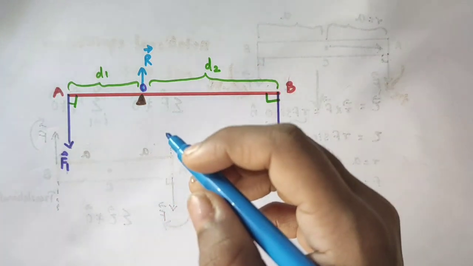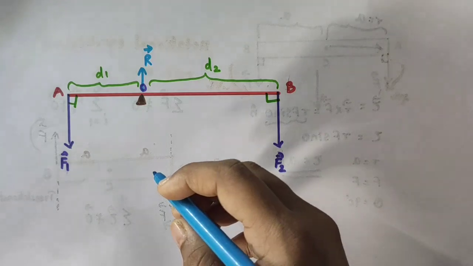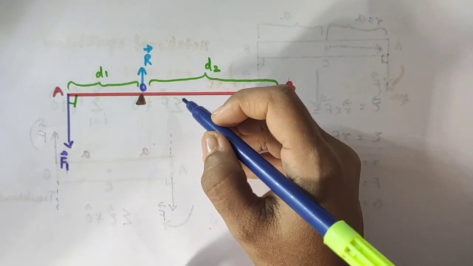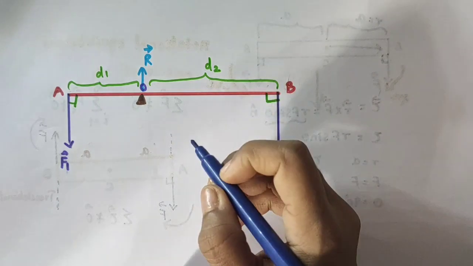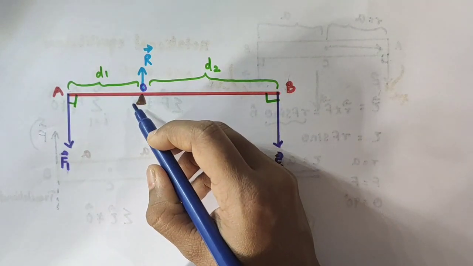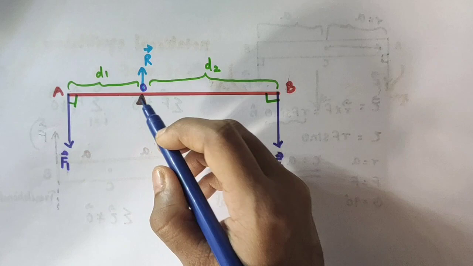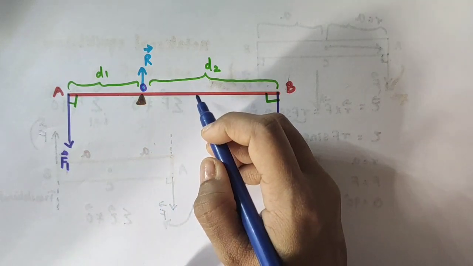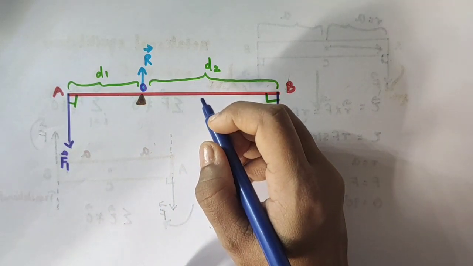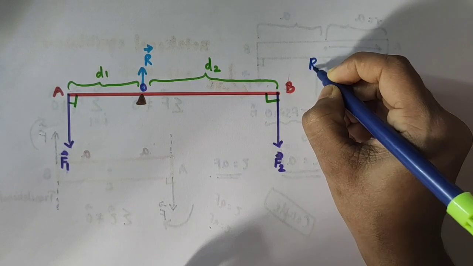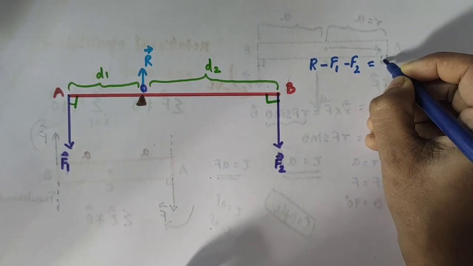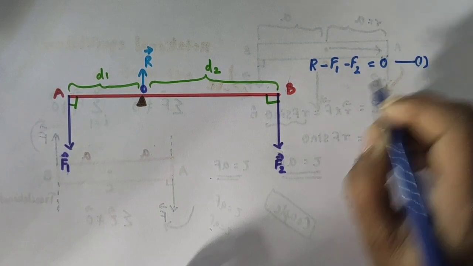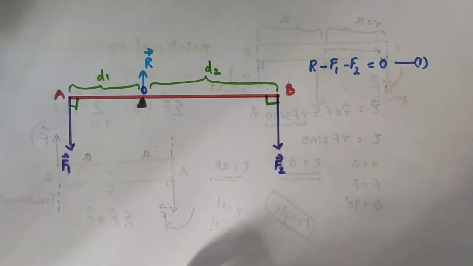For translational equilibrium, the net force acting on this rigid body should be zero. This lever is pivoted at the fulcrum and it is not translating. So, for translational equilibrium, we can write R minus F1 minus F2 is equal to 0. I am taking this as equation number 1.